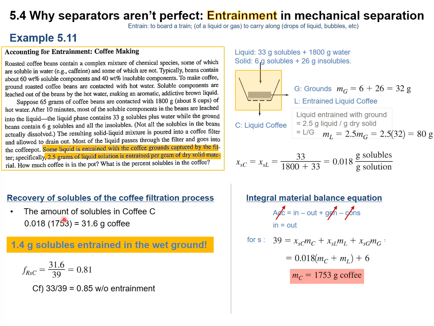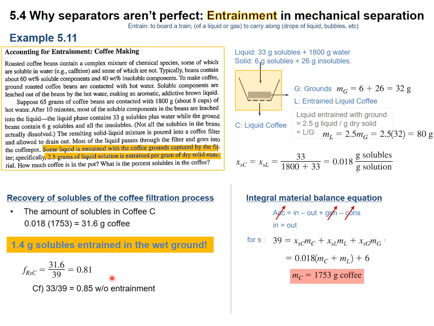And the concentration of this liquid coffee is 0.018, actually mass fraction. Then you could calculate the amount of solubles in the coffee stream C. So 1.6 gram solubles are there in the stream C. So this value is going to the numerator of the calculation of fractional recovery of solubles in C stream.